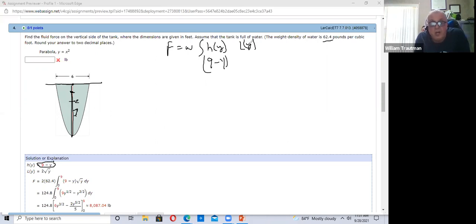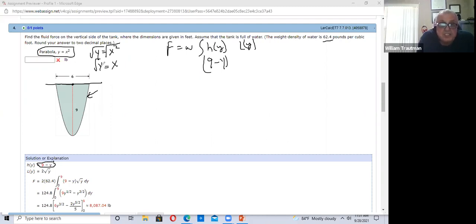Now the L(y), that's a little trickier. It's a little easier for this problem because they give us this formula. This is a parabola, and they give us the formula y equals x squared, but we have to solve for x, so we square root both sides, and x equals the square root of y at any given point.